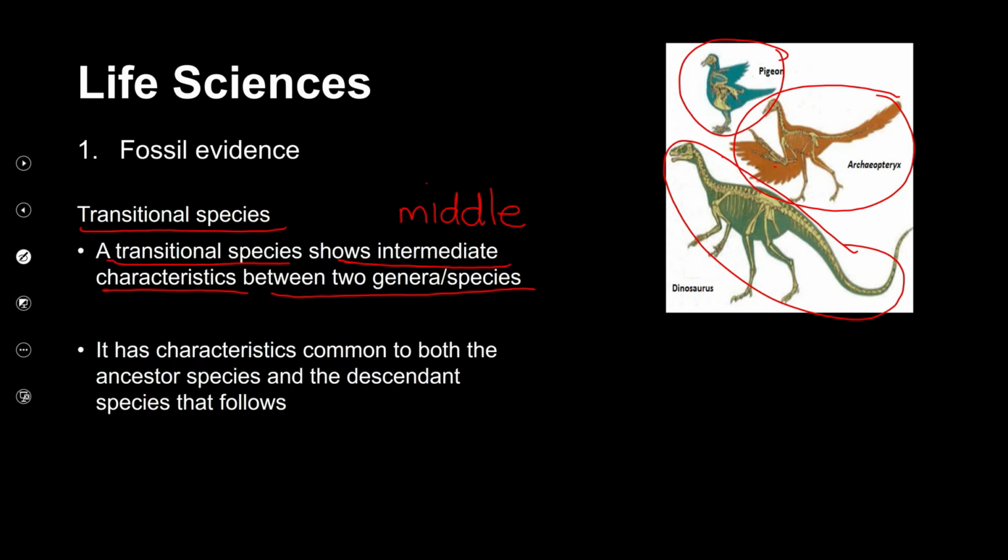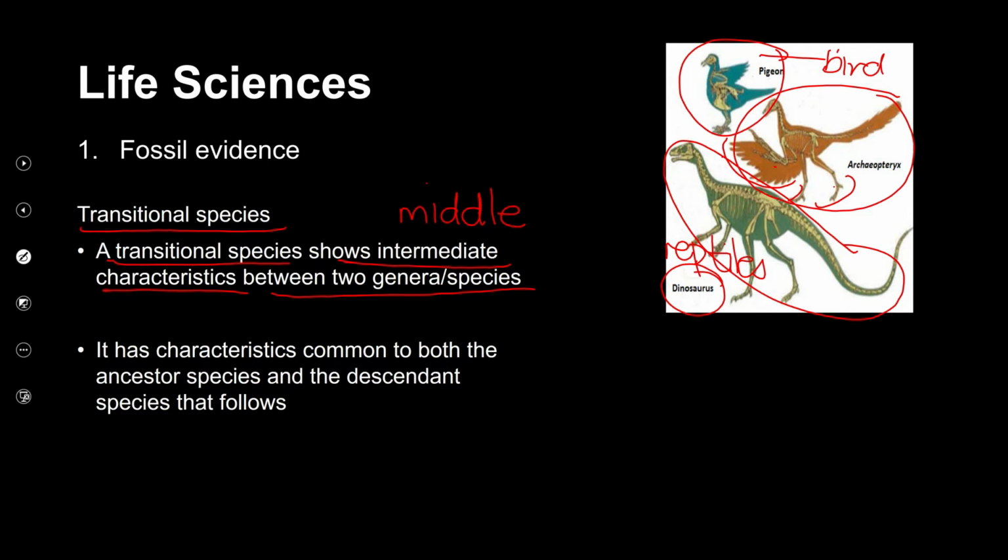So it had characteristics that were common to the bird, as well as characteristics that were common to reptiles. All right, because remember, dinosaurs were reptiles. So they had claws, and they had scaly legs, but yet there were also feathers and wings, which were the common characteristics to both.